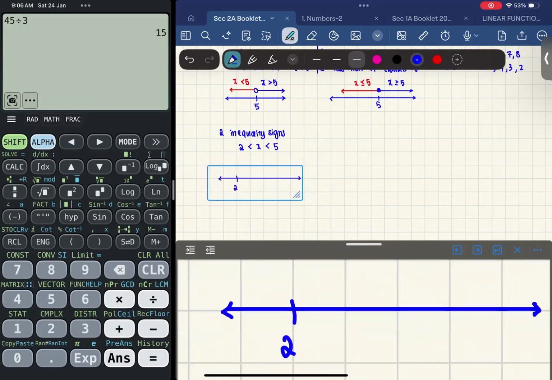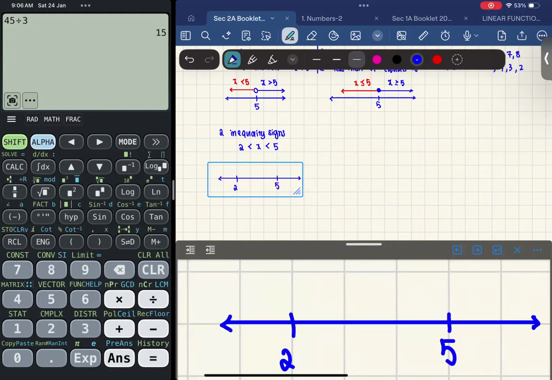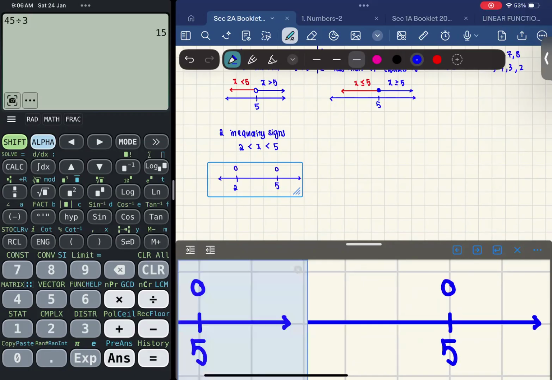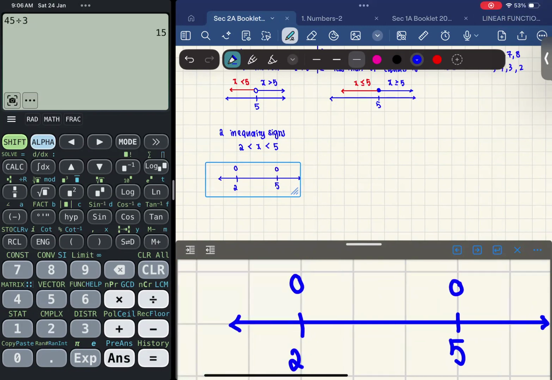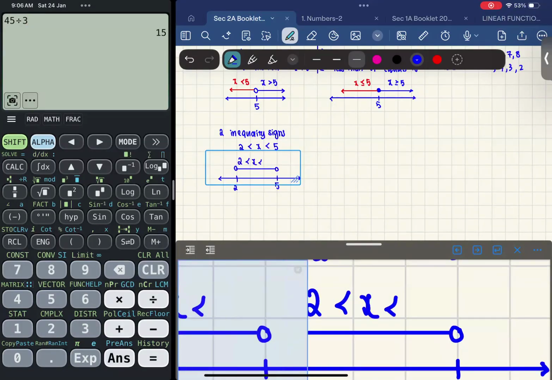We just label 2 and 5. Follow the arrow. It is empty, empty. This time, because x is in the middle of 2 and 5, we just connect 2 and 5 together. Is that okay? Quite straightforward, huh?